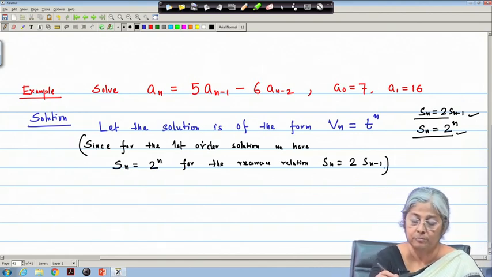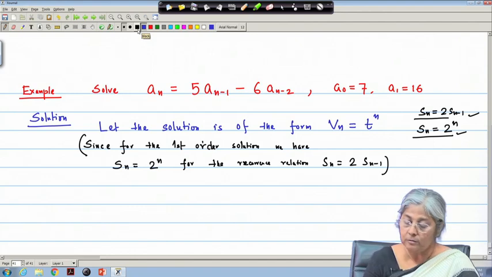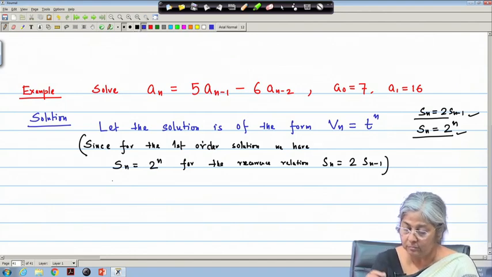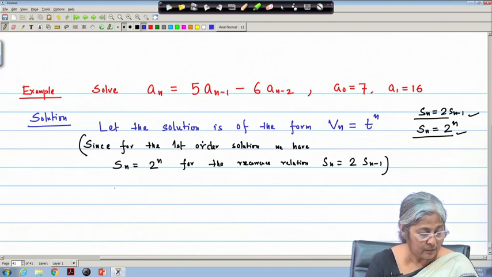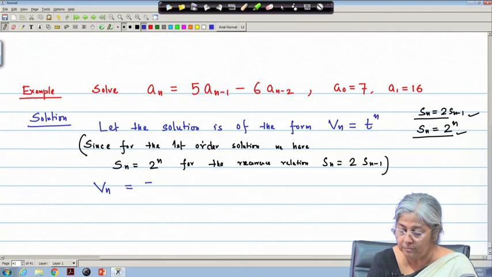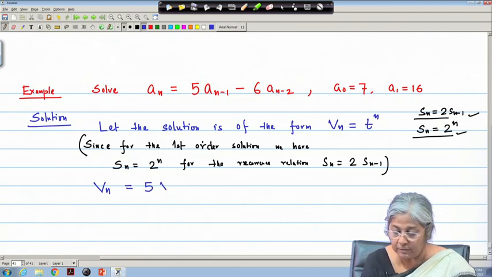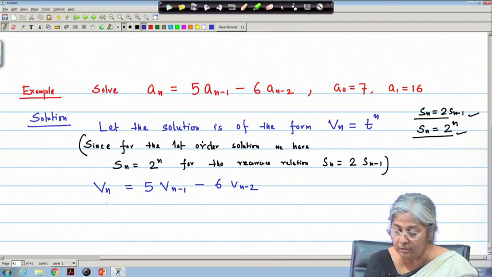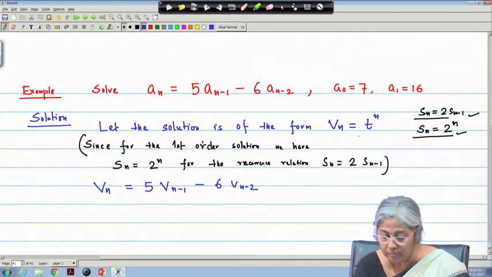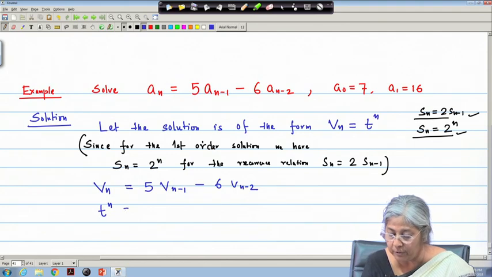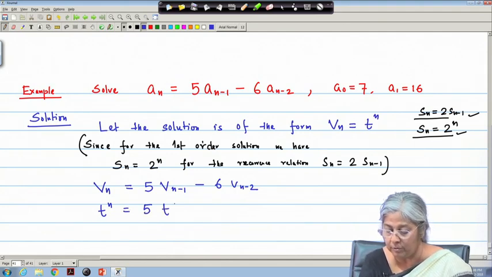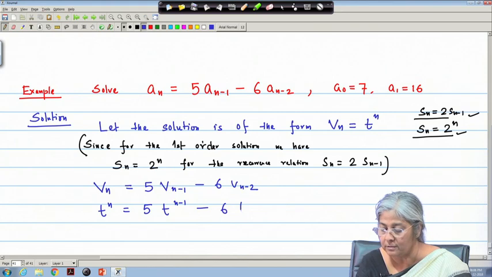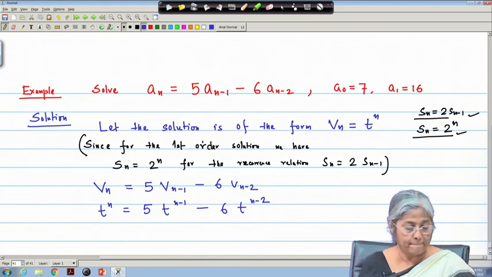So, we have taken this form. So, now if I put it here, then I get V_n is 5 V_{n-1} minus 6 V_{n-2}. I put the solution, since V_n equal to t to the power n, this is the form. So, this is my form: t to the power n equal to 5 t to the power n minus 1 minus 6 t to the power n minus 2.